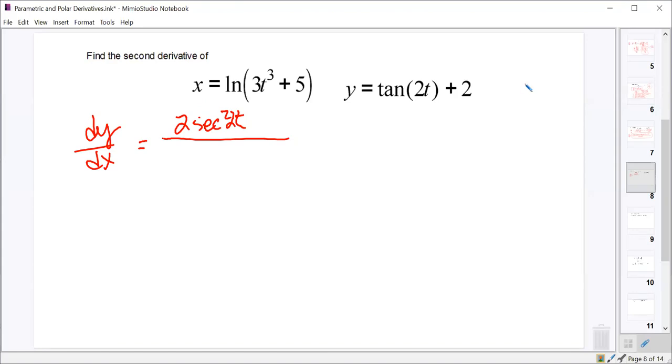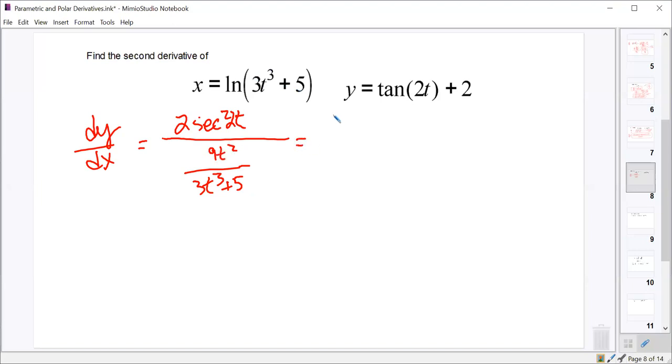And then dx/dt should be 1 over 3t cubed plus 5, times the derivative of 3t cubed plus 5, which is 9t squared.